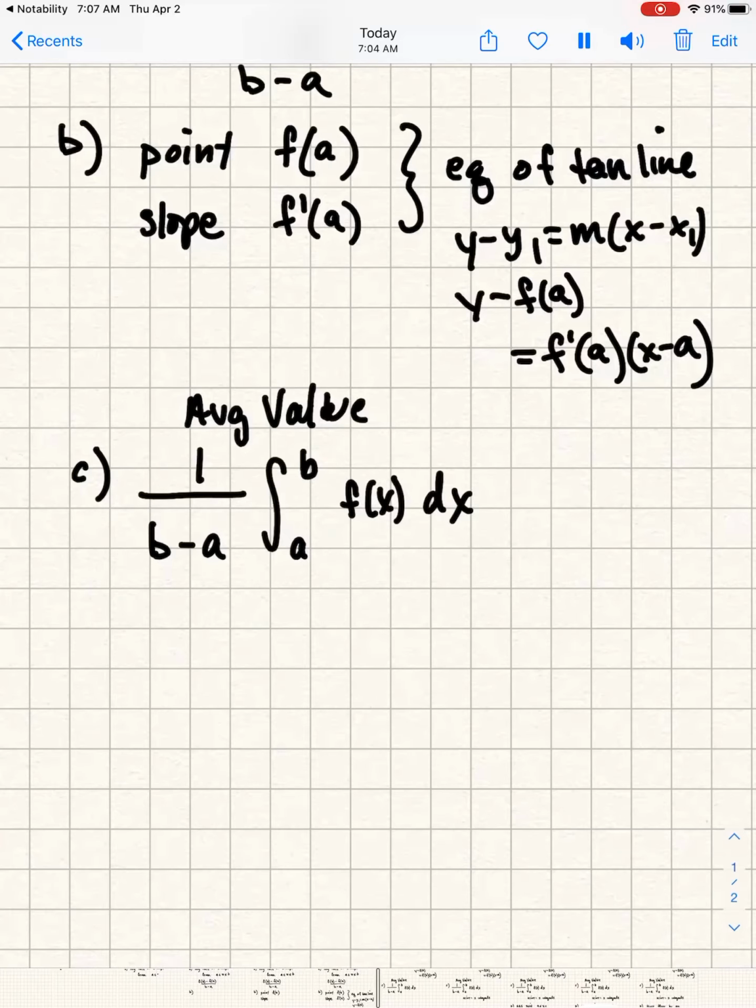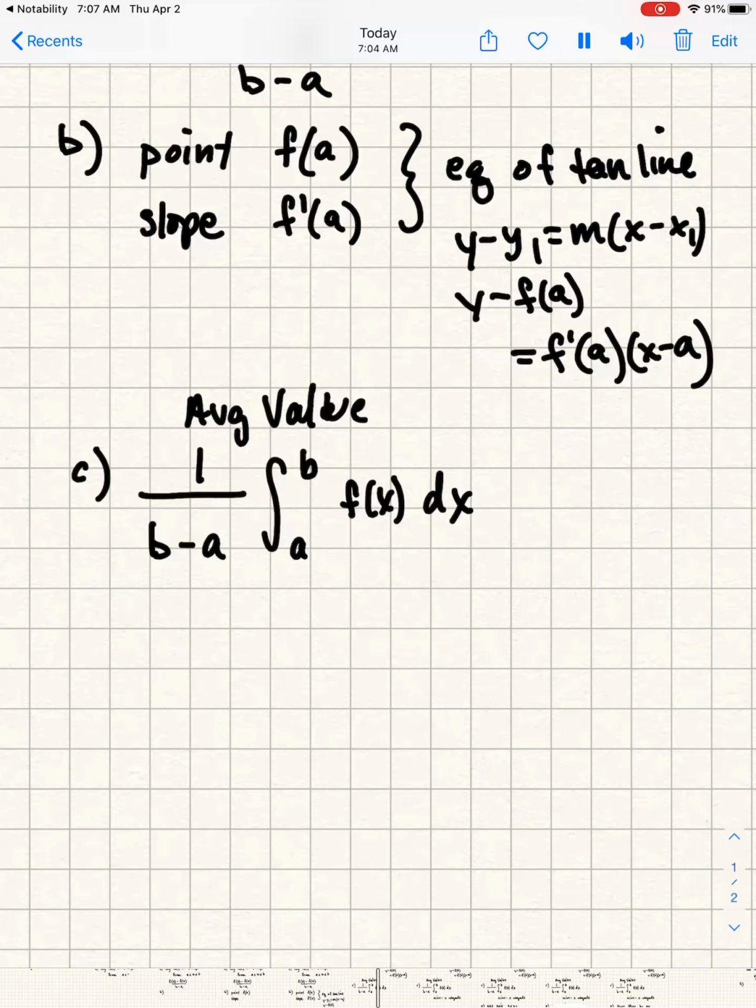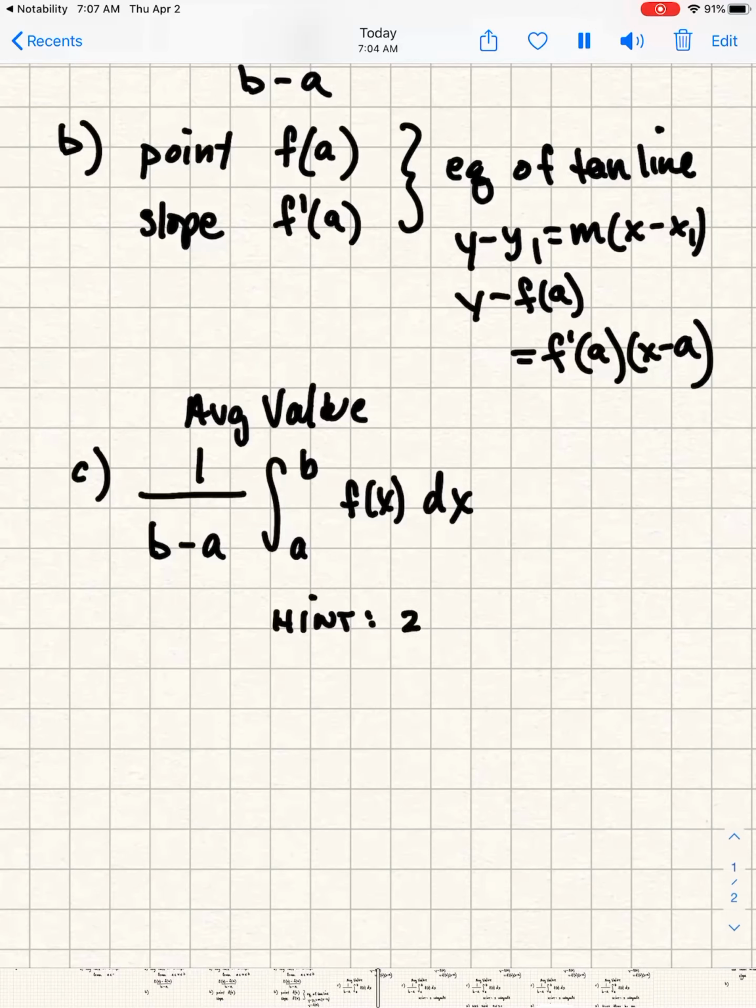Now in this specific problem, just because it's piecewise, you might have to break it up, because you have two different intervals and functions, but I'm not going to give you the answer for that. You guys could work at that, but just a little hint, you might need to do two integrals, okay?